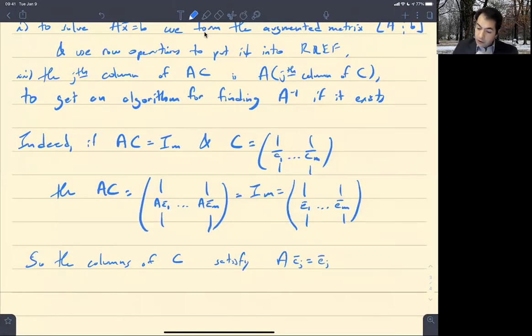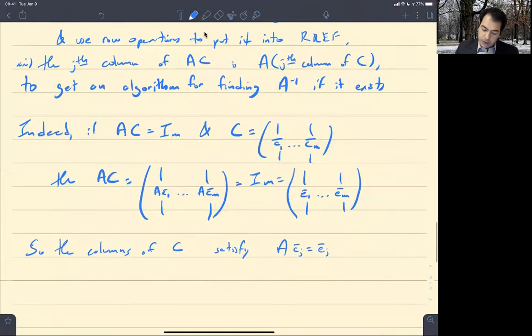Okay, so inverting a matrix, right, solving this for a matrix C, is the same as solving a bunch of linear systems of equations. And we know how to do that. We do that by using reduced row echelon form. So here's our algorithm.